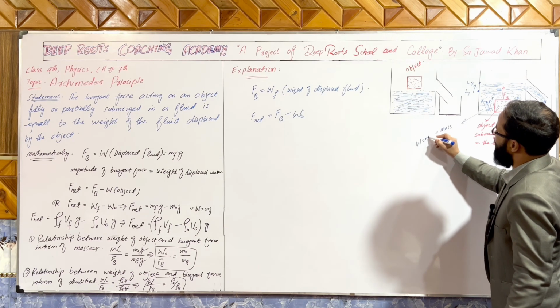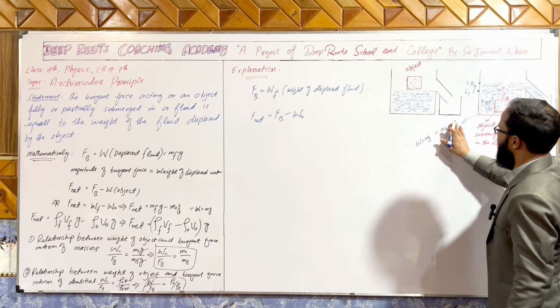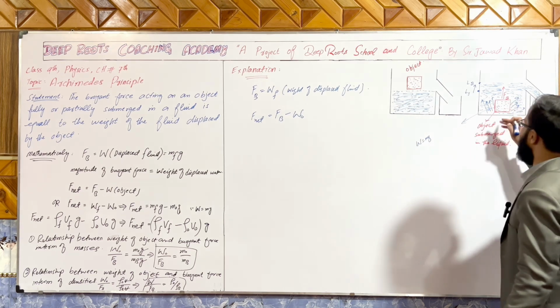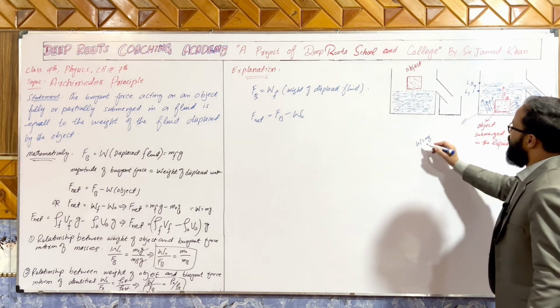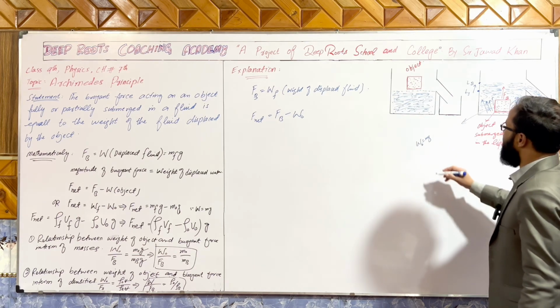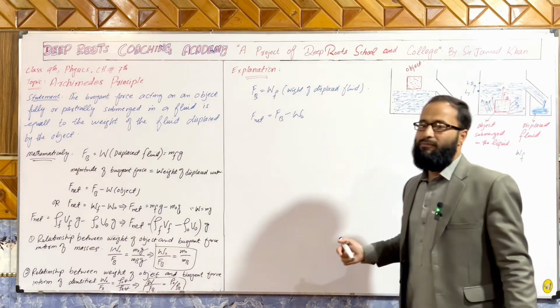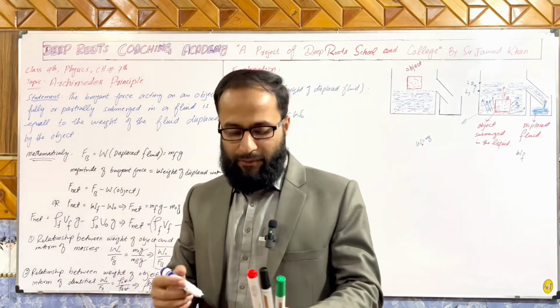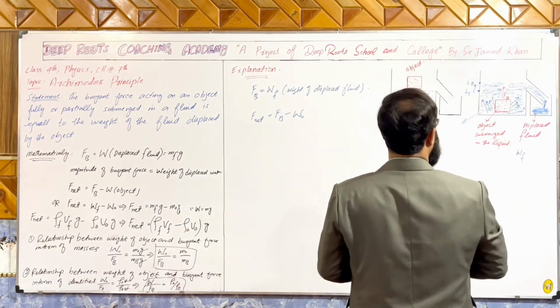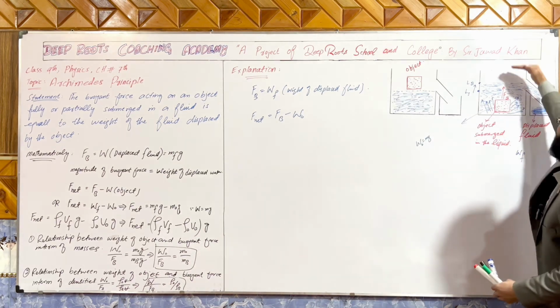The weight will be equal to mg, the mass of the object and gravitational acceleration. So this weight of the object is also connected with the buoyant force, and the buoyant force and the object both are moving upward.